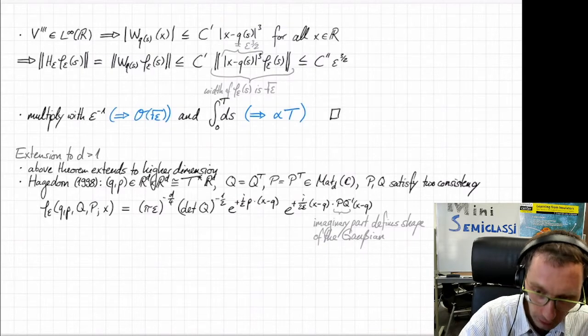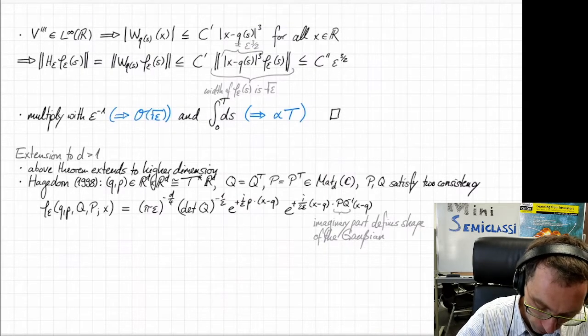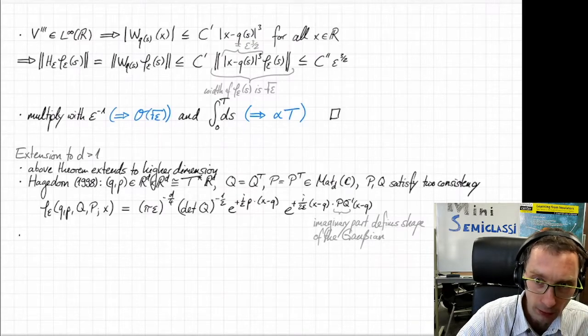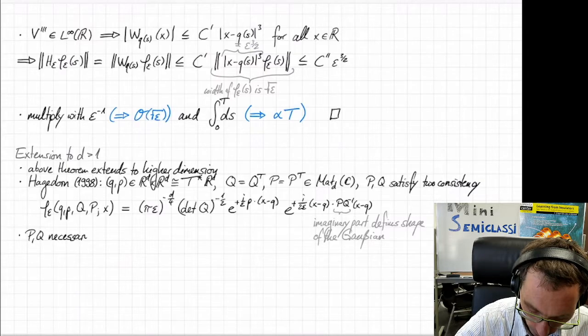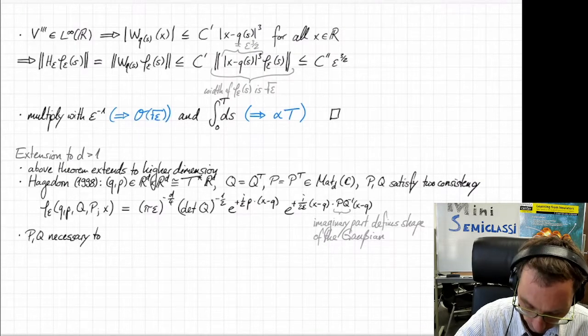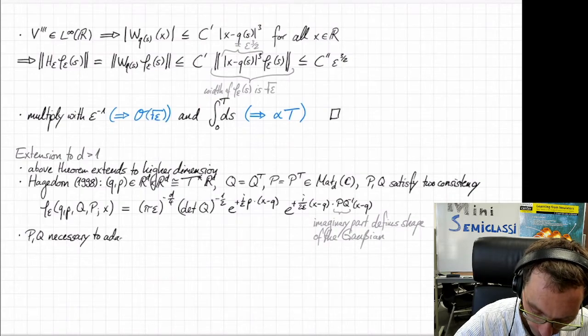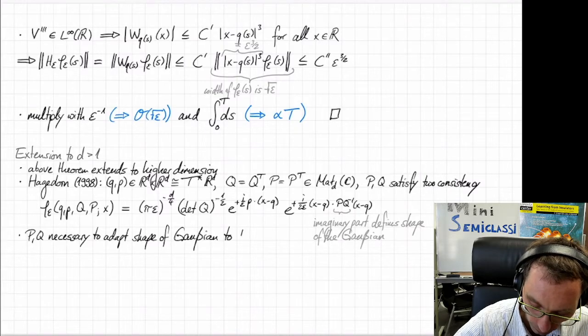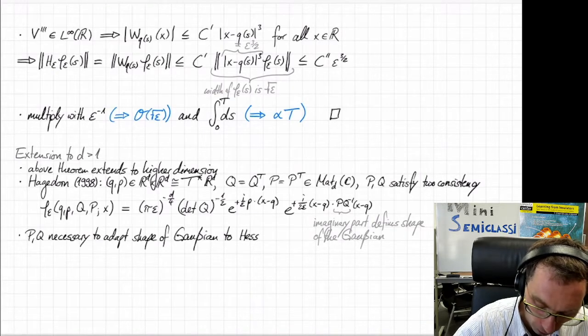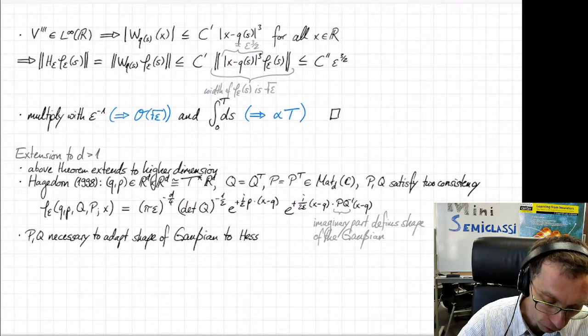So first let me say that the purpose, and this is clear from the equations, of P and Q is to adapt the shape of the Gaussian to fit the shape of the potential to second order.